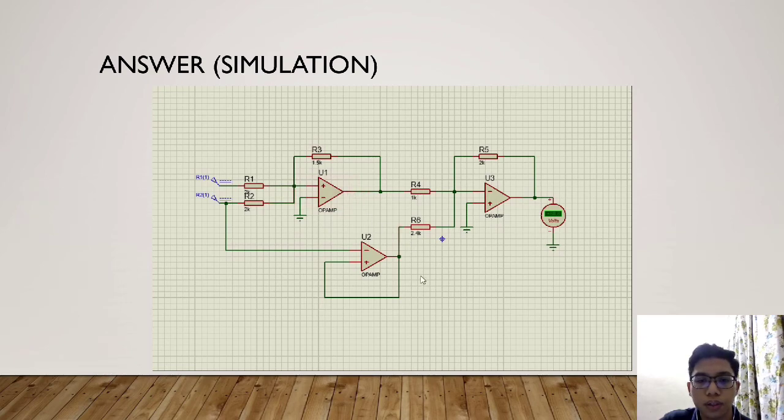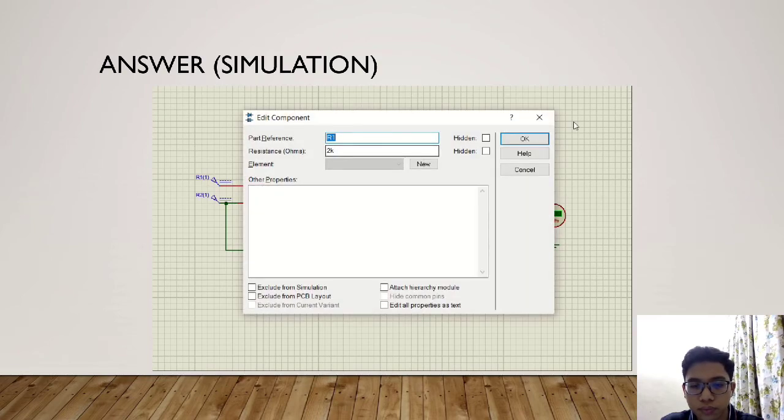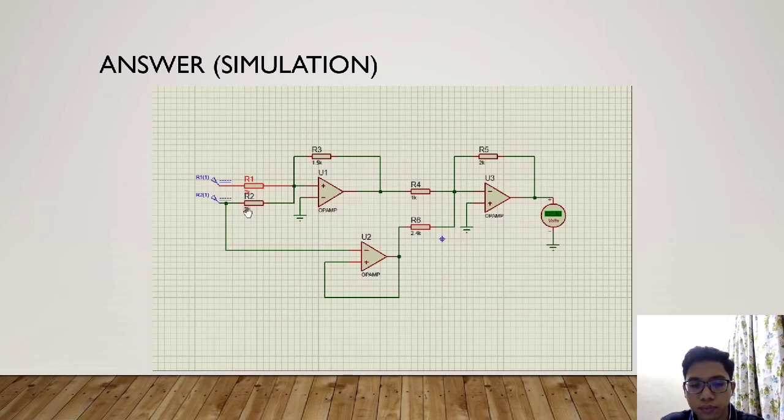Configure the circuit as shown in figure Q4. In this circuit, we are using op-amps. We configure the resistors as 2k, 2k, 1.5k, 2.4k, 1k, and 2k.